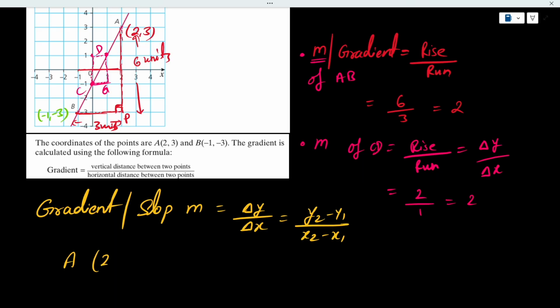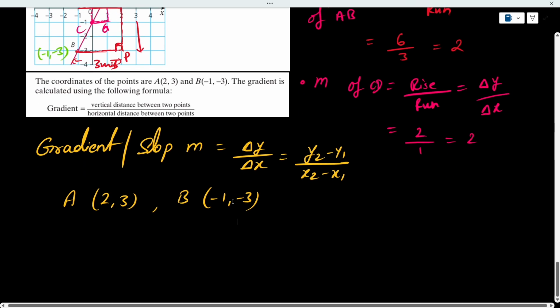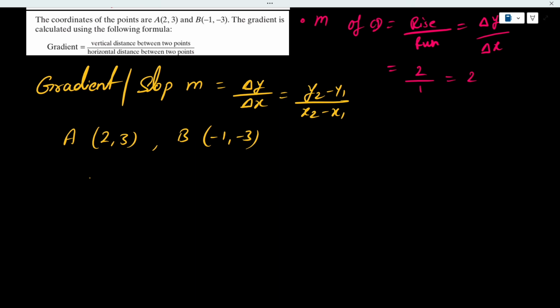A coordinates were 2 comma 3 and B coordinates were -1 comma -3. Now let us directly take these coordinates to calculate the slope or gradient.